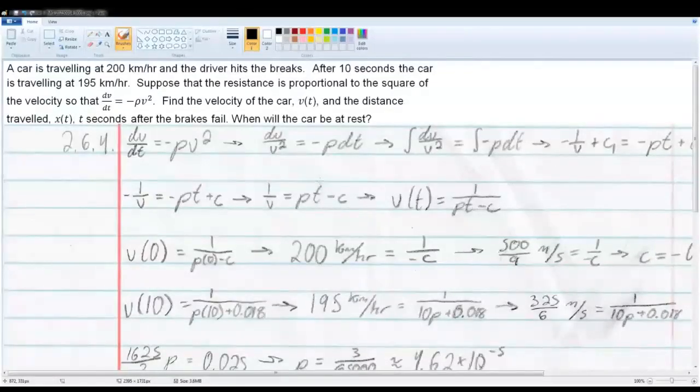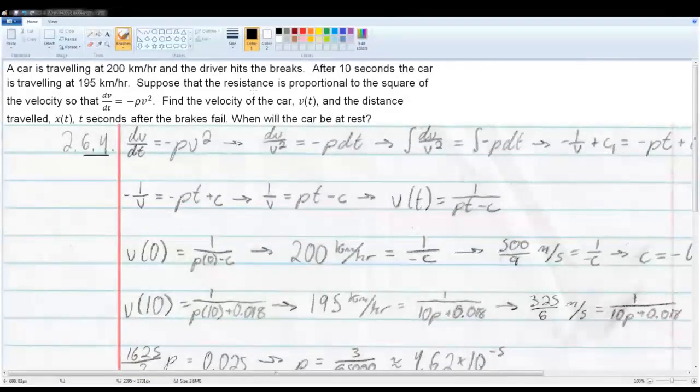So I slightly modified question 6.2, called it 6.4, but in a sense it's the same question. A car is traveling at 200 kilometers an hour, and the driver hits the brakes. After 10 seconds, the car is traveling at 195 kilometers an hour.